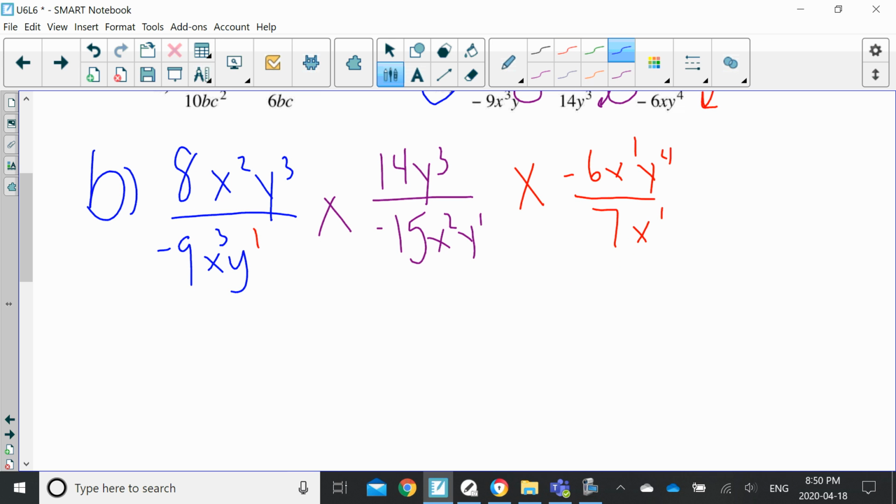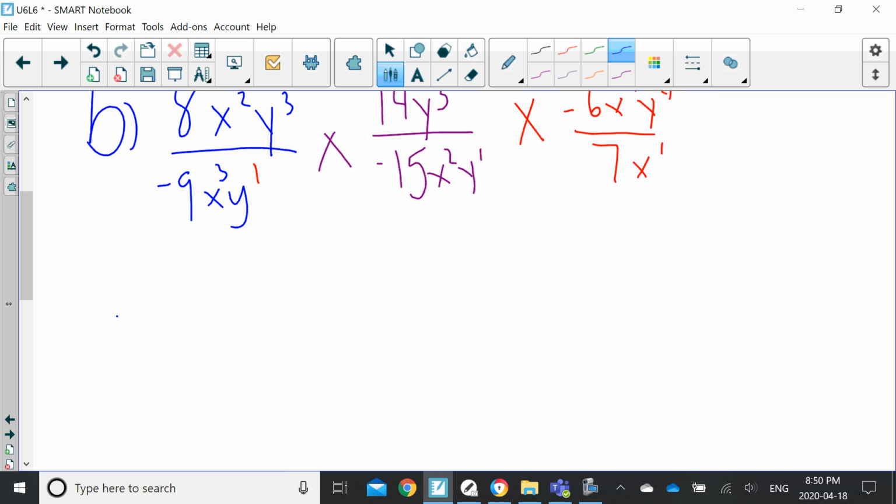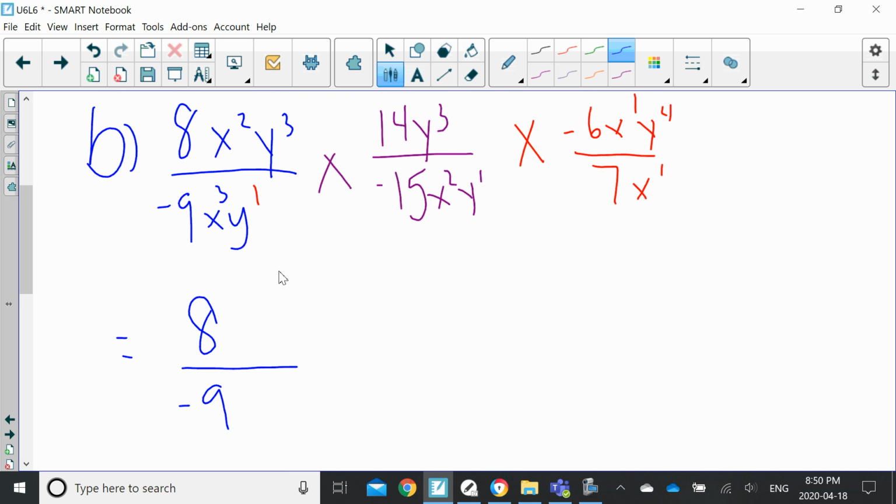So the first fraction, let's keep that as 8 over negative 9. But let's simplify the variables. So y to the 3 over y to the 1, that becomes y squared. And x to the 2 over x to the 3, when you subtract these exponents, you get x to the negative 1.